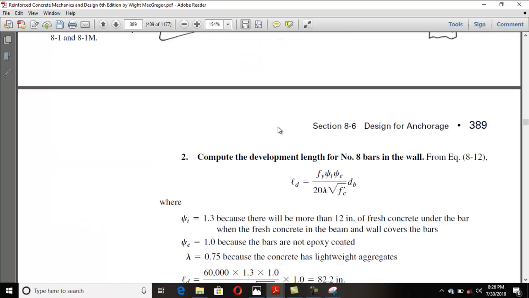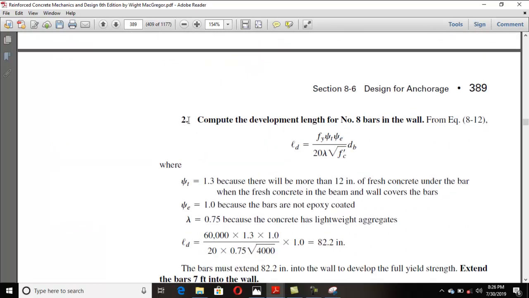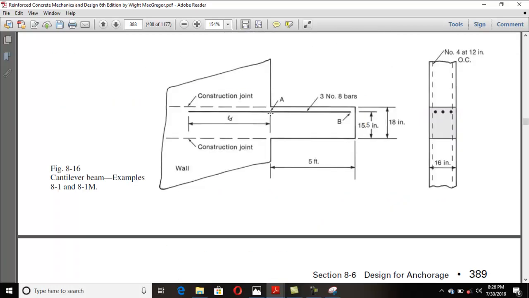So now we will compute the development length for number 8 bar in wall. We will calculate this development length, and how much we will embed this steel bar into this wall, how much length of the steel bar we will insert into that wall.